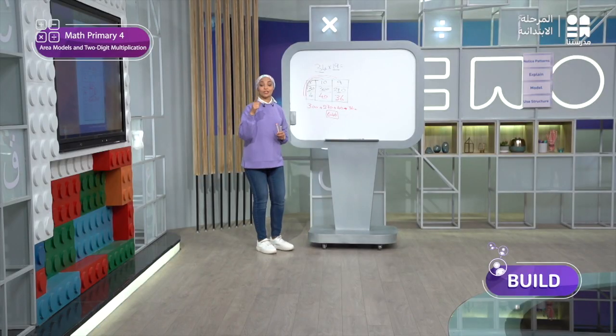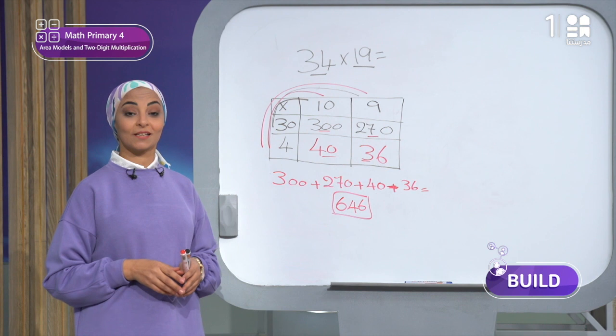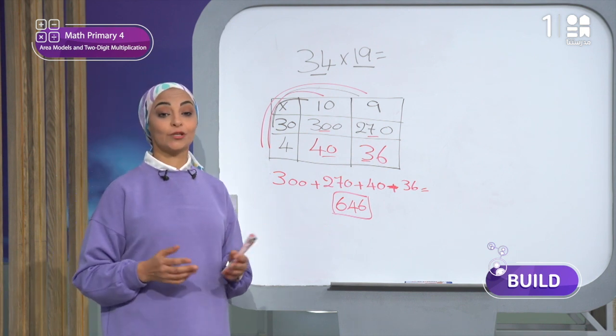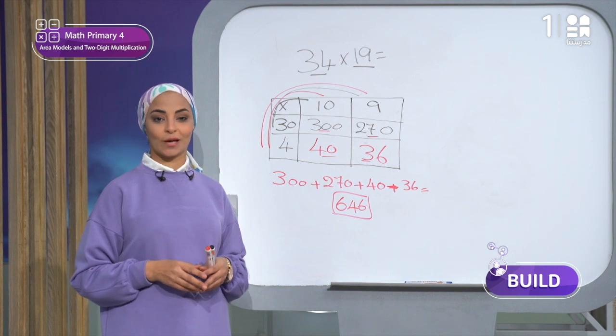And now it's your turn to solve problem number 3, which is 72 times 15. Now I'll give you some time, and then we will get back and review and discuss the answers all together.